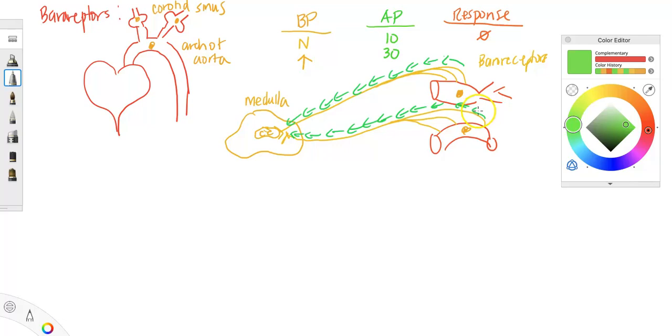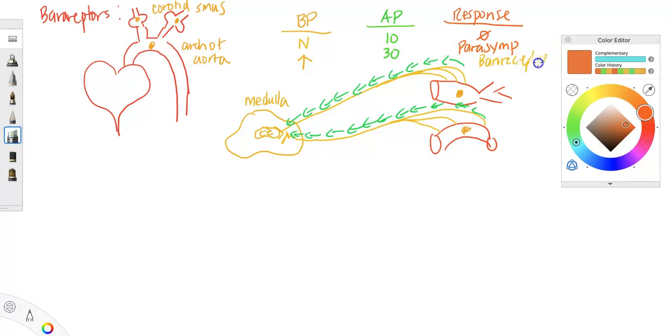So if there's 30 action potentials, that means blood pressure is up. Who will provide the response? The parasympathetic nervous system.